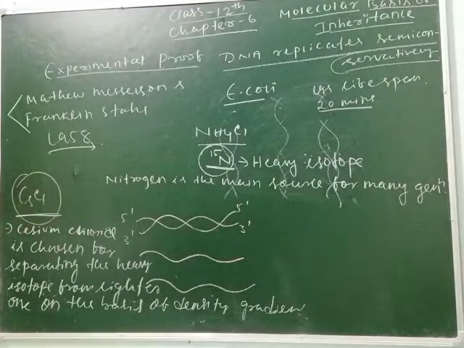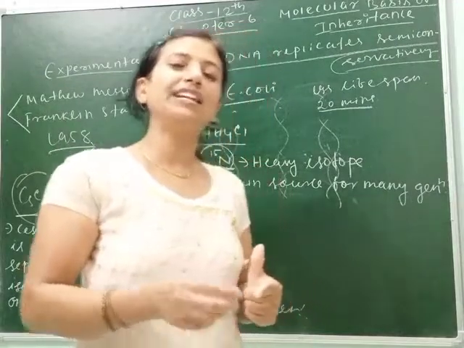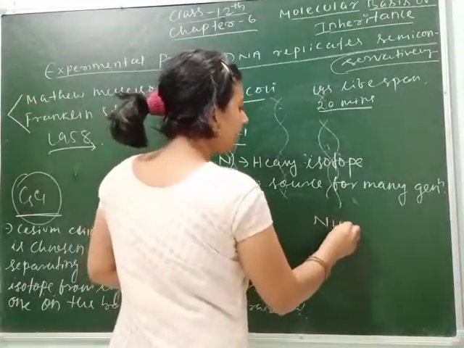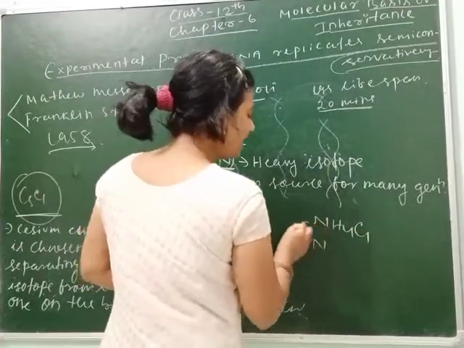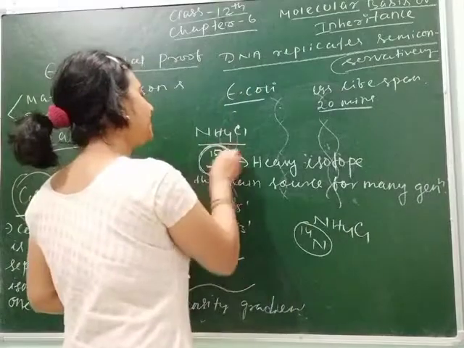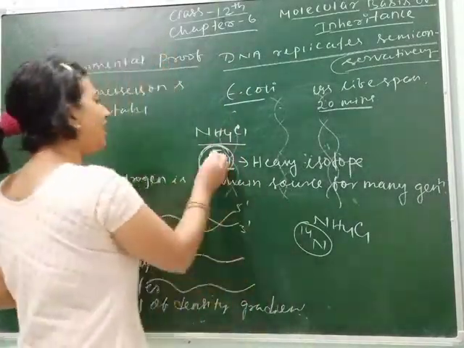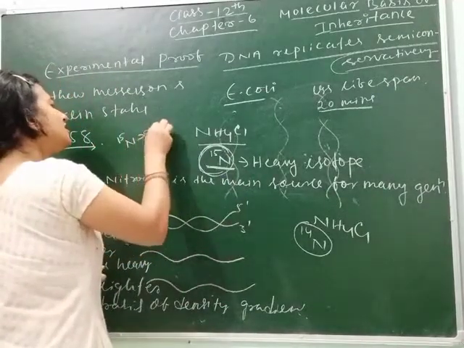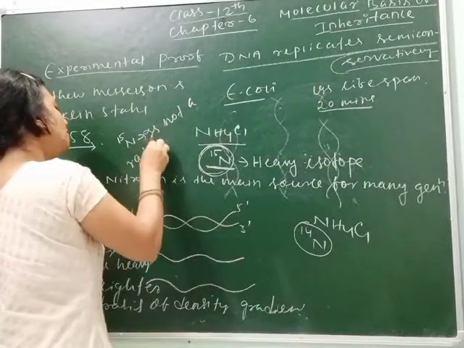Clear? And how can this be separated? By taking another solution containing ammonium chloride, NH4Cl, in which the nitrogen is the isotope nitrogen 14. Remember, nitrogen 15 is not a radioactive isotope.